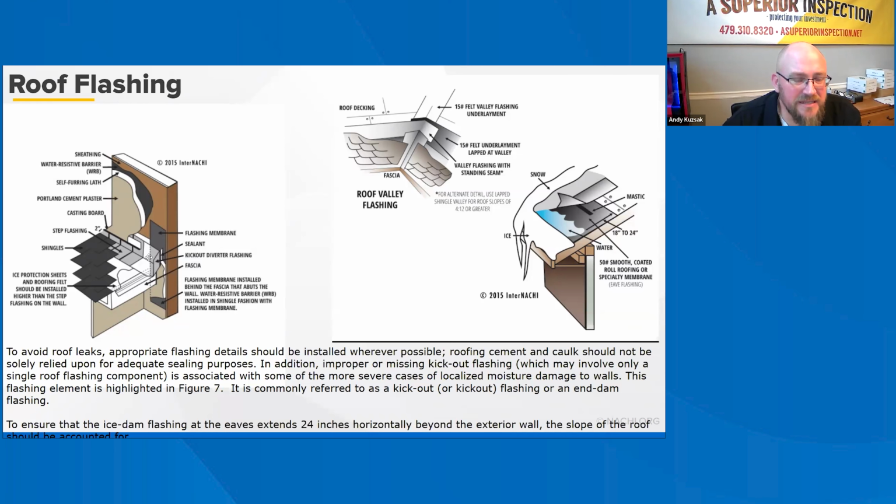Again, on the left-hand side, this diverter, kickout flashing, or end dam is super important. For my inspection company, if it's not present, I do call it out as a monitor.